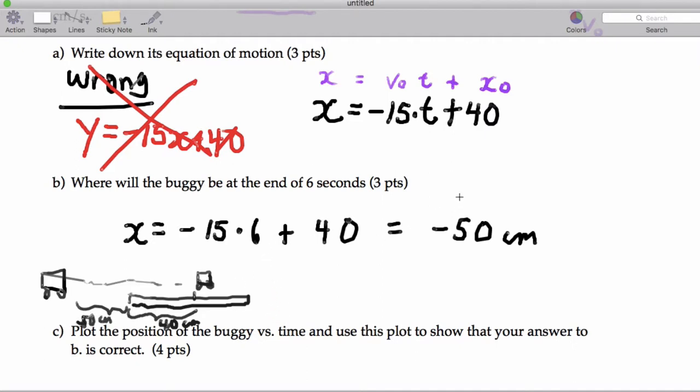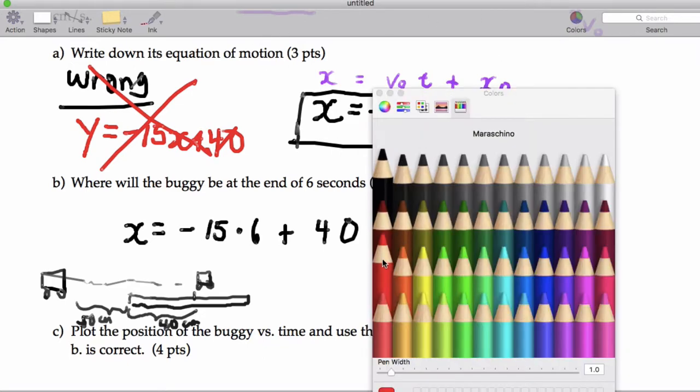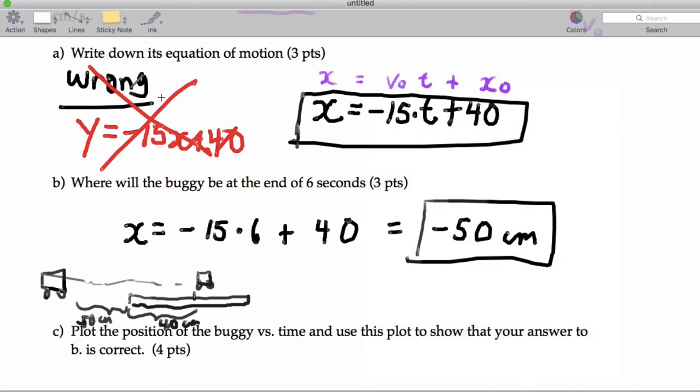I'm just drawing it here to illustrate the point. So that's your answer. And I'm just going to make a note here that I need you to use physics variables. Okay, we're not in math class.